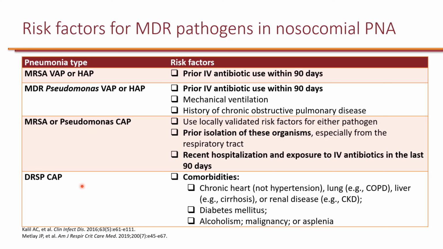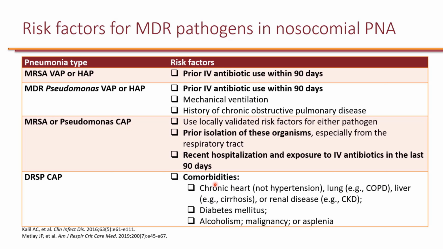And of course, because Streptococcus pneumoniae is the number one cause of community-acquired pneumonia, there are also risk factors for drug-resistant strep pneumo. So comorbidities, specifically chronic heart disease, such as heart failure, chronic lung disease like COPD, chronic liver disease like cirrhosis, and chronic renal disease like CKD, these are likely to select for drug-resistant strep pneumo.